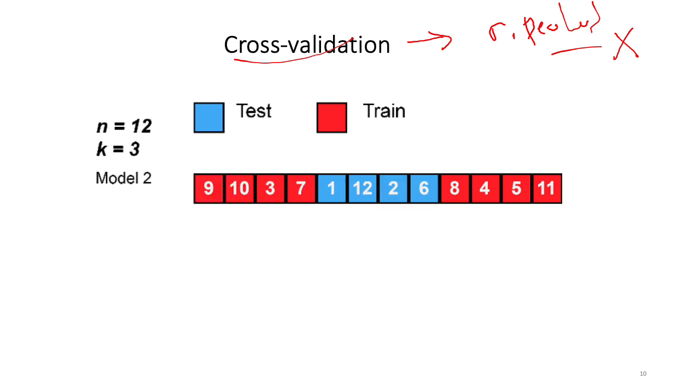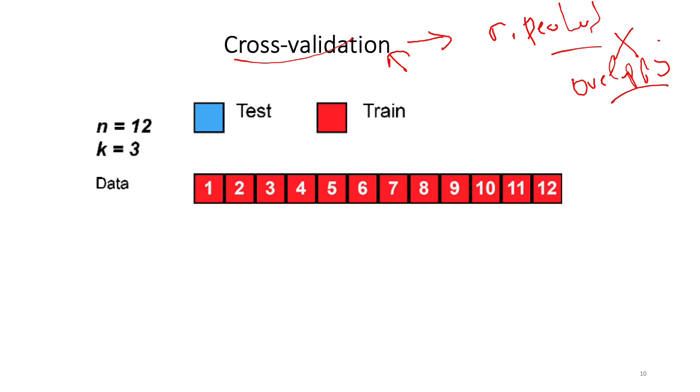With repeated holdout, once you make a random sample, in the next fold you put that sample back and draw another sample. This will create some overlapping. To avoid this we can use cross-validation.